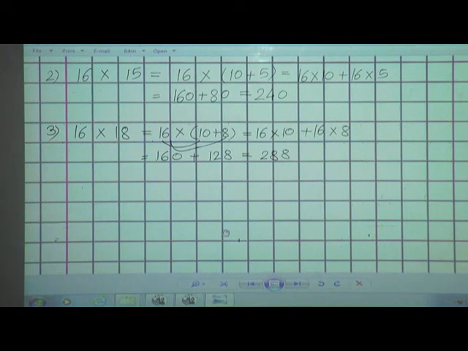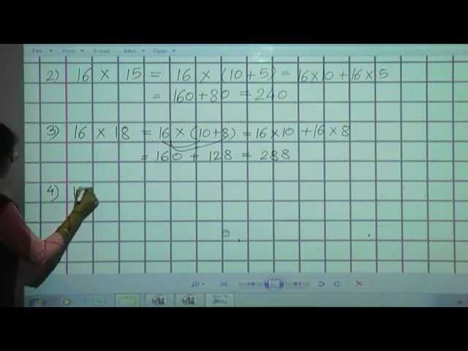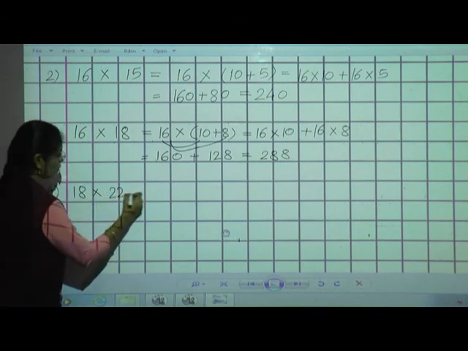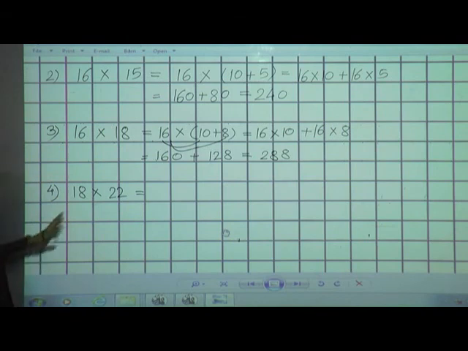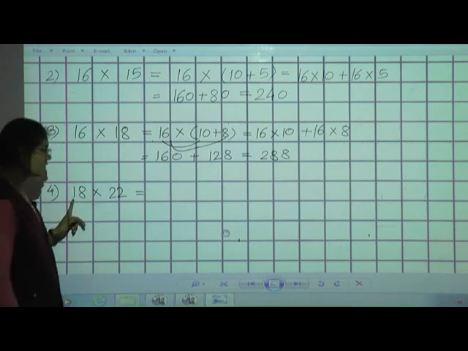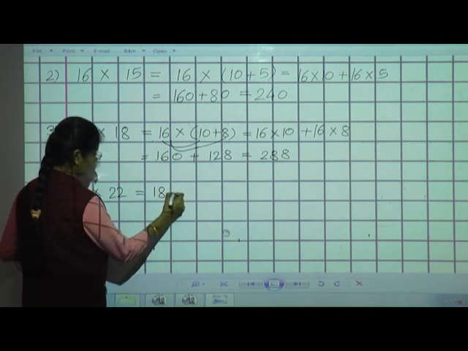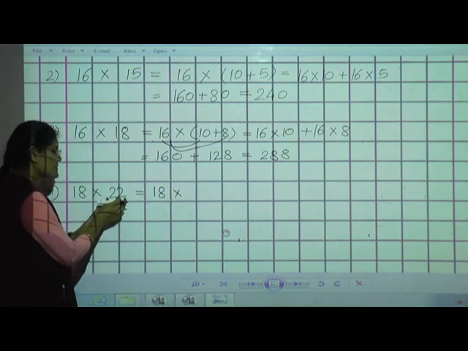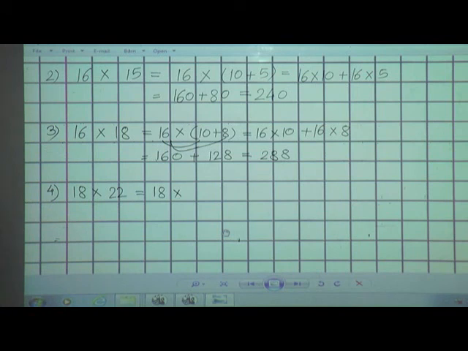Now one more example we will see, that is 18 into 22. 18 into 22. Now students, what we will do? Yes, first write this 18 as it is into. Now we'll split up this 22. How will you split up this 22?